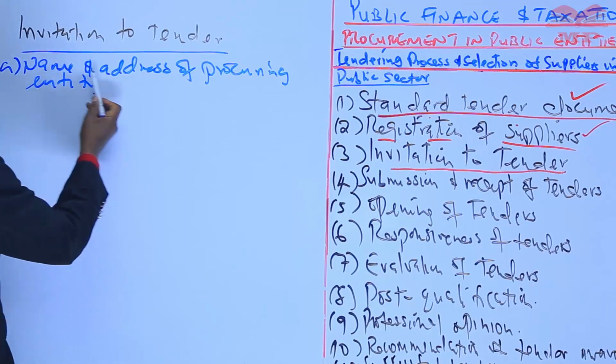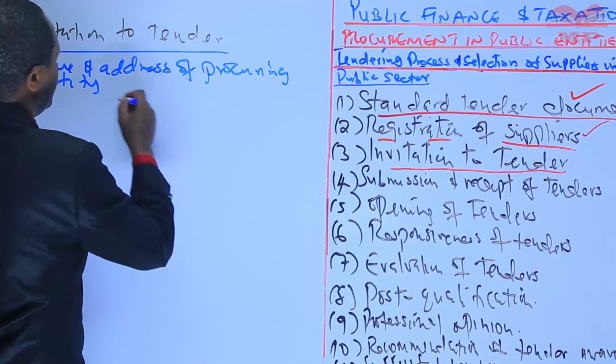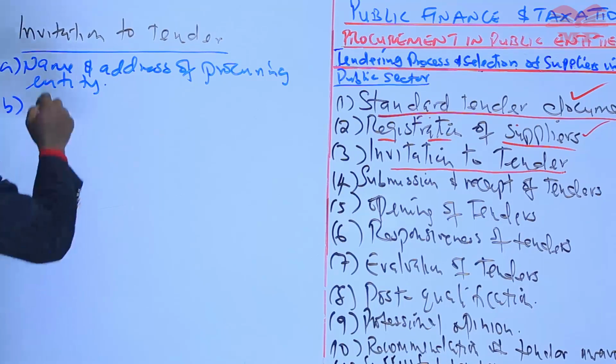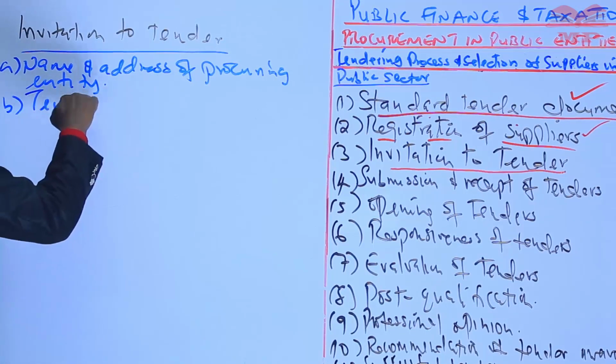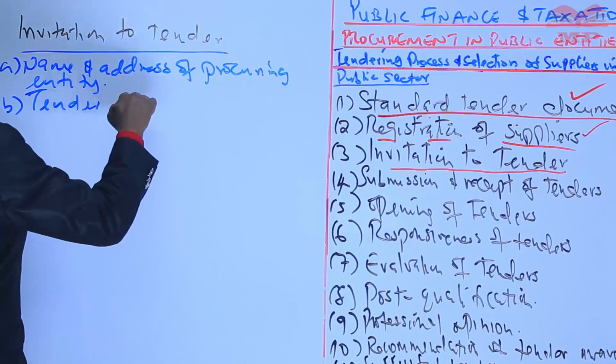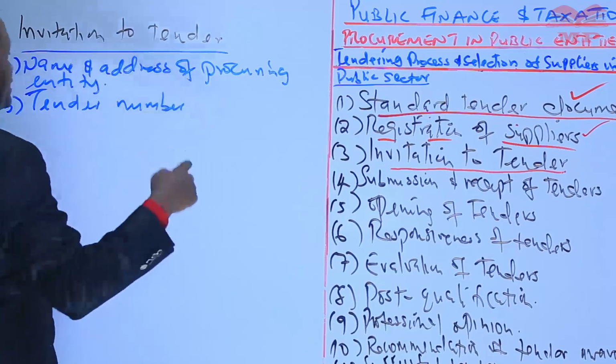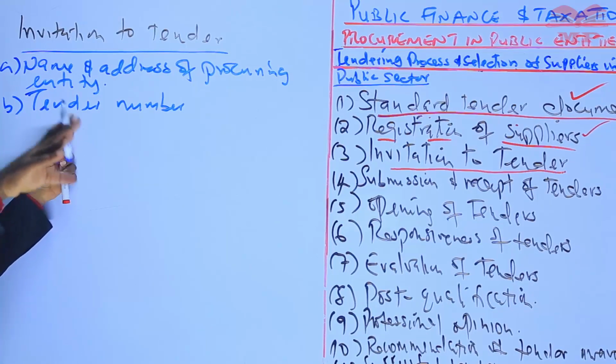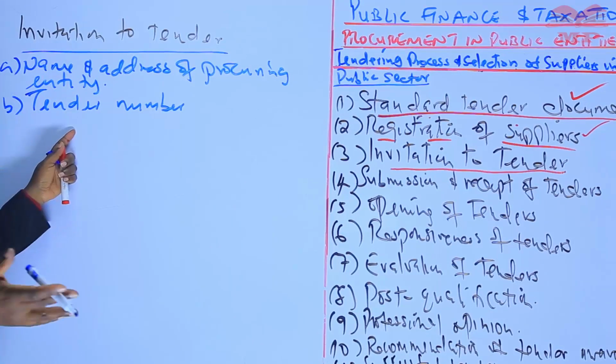That is one thing. The second important thing is the tender number. This is the tender number that is assigned to the procurement proceedings by the procuring entity.